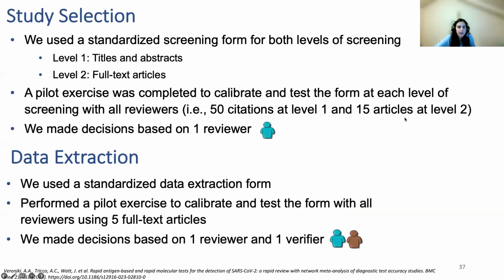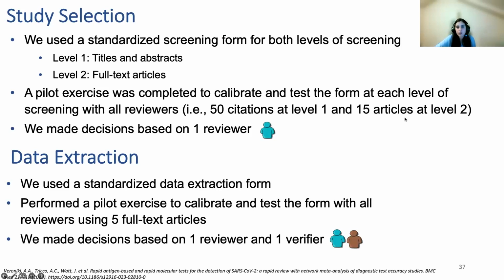As a third step, and similar to the systematic review process that we saw before, we used a predefined, standardized screening form for both levels of screening: level 1, where we screen titles and abstracts, and level 2, where we screen full text articles. And we had a pilot exercise to calibrate the test and the form at each level of the screening with all the reviewers.